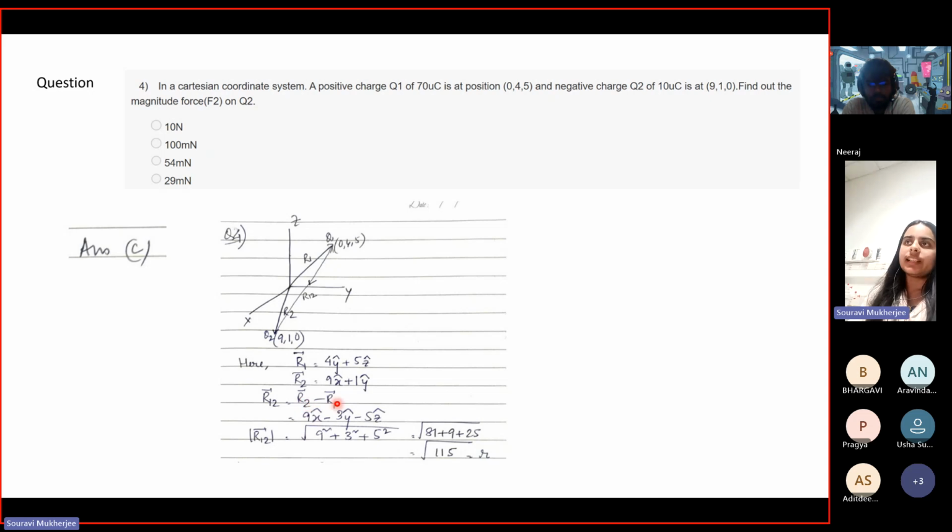R1 is the one that is exerting the force. Okay, so that is your direction along which the force on Q2 will act. Okay, so R12, not R21, right? If it was asked what is the force on Q1, then you would have to find it the other way around, basically equal and opposite, but be careful about this direction.